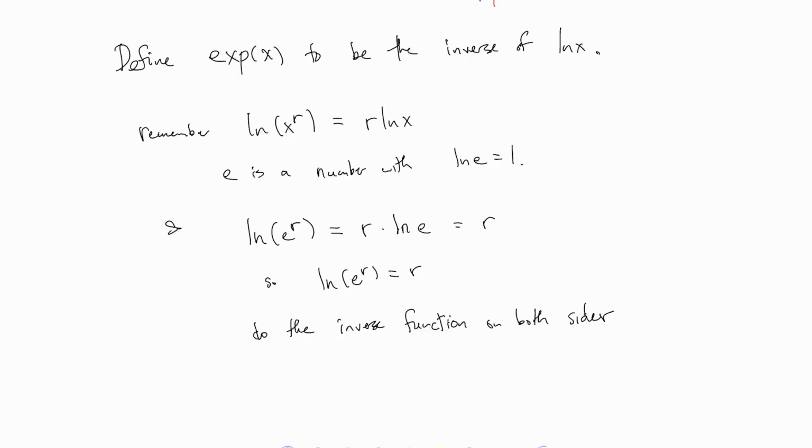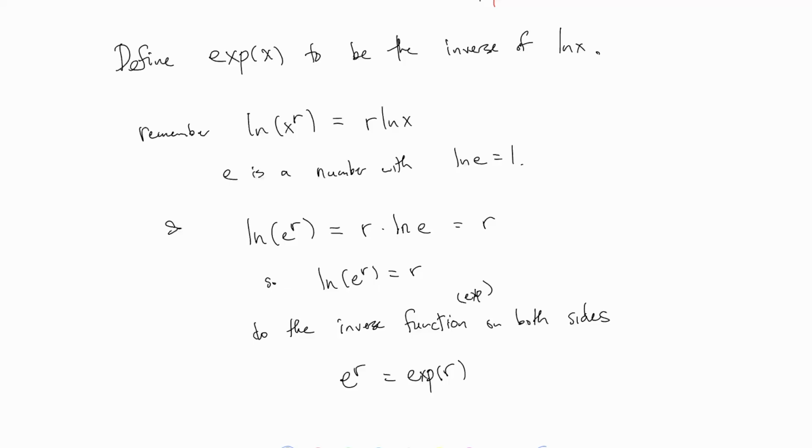My inverse function is called exp, right? That's the inverse of the ln. What happens if I do that on both sides? Well, on the left side, exp will just cancel the ln, because that's the whole point of what an inverse function is. So the left side will just say e to the r, and the right side will say exp of r, right?